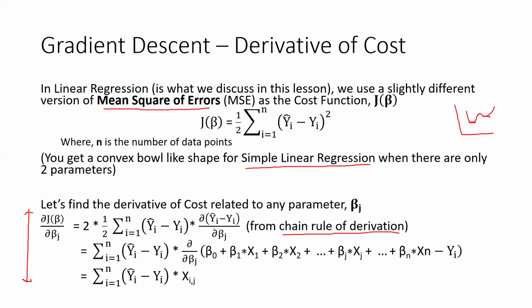We have just expanded this term. The 2 gets cancelled, so only one is left. This term remains as it is, and the partial derivative with respect to beta j is there.